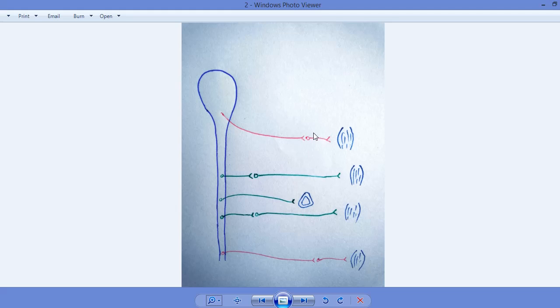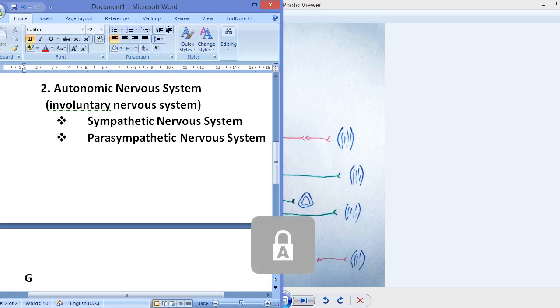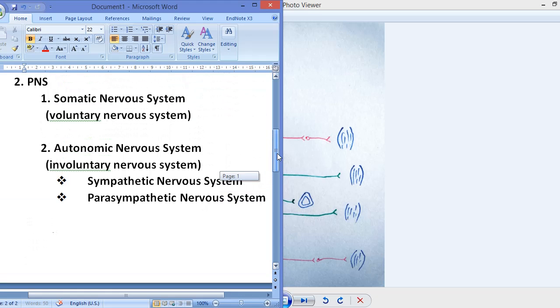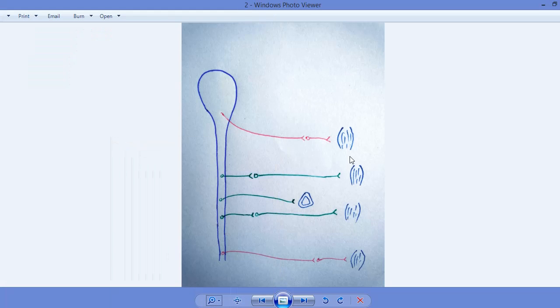The connection of the axon with the cell body outside the central nervous system is called a ganglion. I'm writing that here: ganglion. That is the connection of two neurons outside the central nervous system.